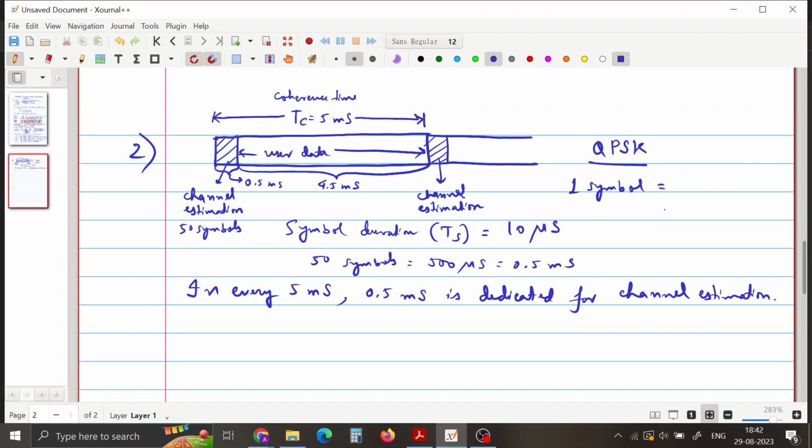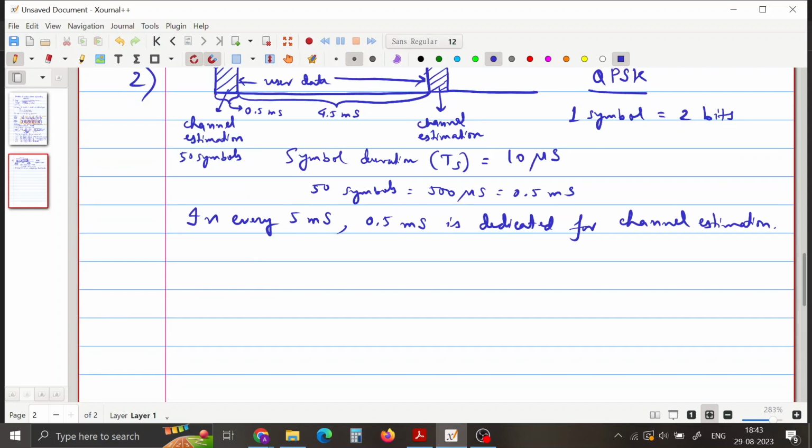Can someone just quickly answer me? 2 bits. Yes, 2 bits. Basically 00, 01, 10, 11. These are the symbols. So when you find the symbol rate and then you multiply with the number of bits per symbol, you get the bit rate or the data rate, right?